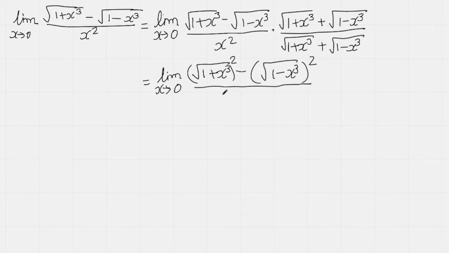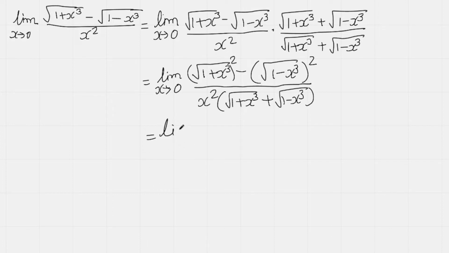Here we have used the formula a minus b into a plus b is equal to a square minus b square. In the denominator, we will have x square in the bracket square root of 1 plus x cube plus square root of 1 minus x cube.